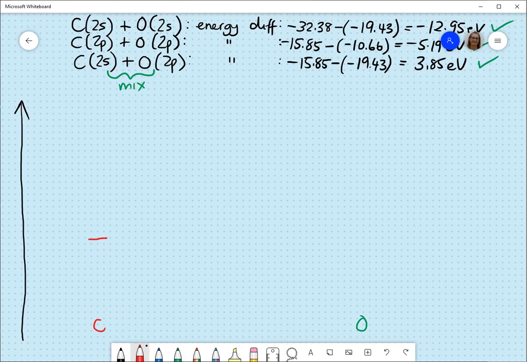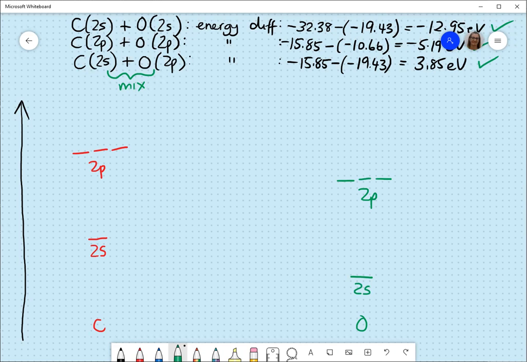I'm going to put the 2s over here, and the 2p's up here. Now remember that the oxygen is lower in energy, so we need to put this one down here somewhere. We've got 2s, and then the 2p's are a little bit lower down. So that's the 2p for the oxygen. You can see they're not on the same level.